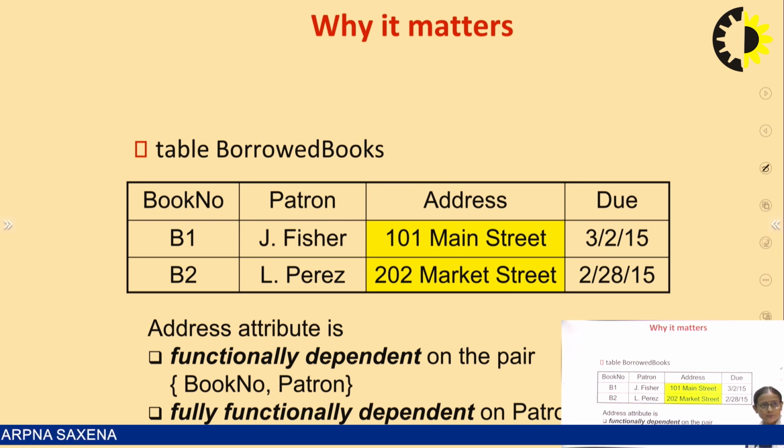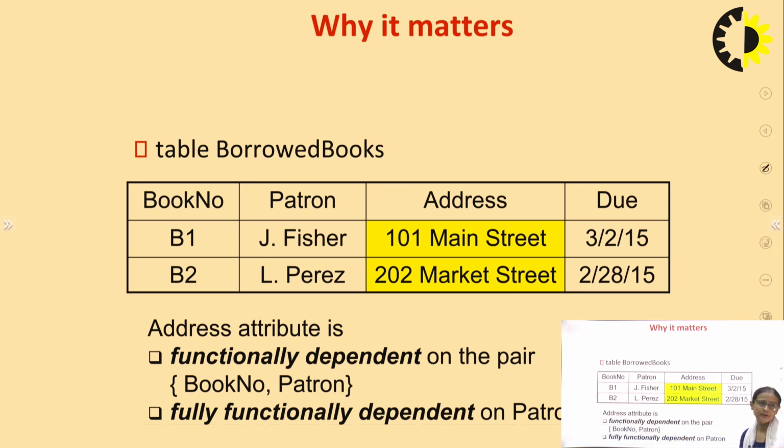Another table: why are we determining the functional dependencies, why are we working on it? Let's suppose we have a table borrowed books, with book number, patron, address and due date. Now, if I talk about only the address attribute, then it is functionally dependent on book number and patron, and fully functionally dependent on patron.